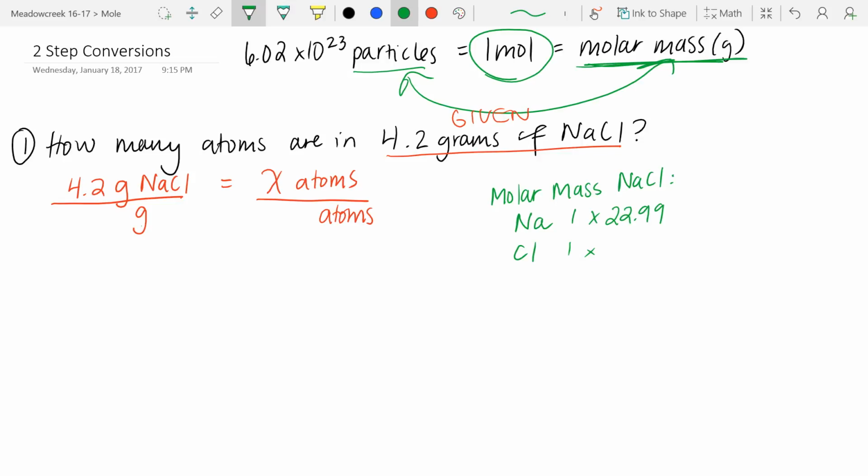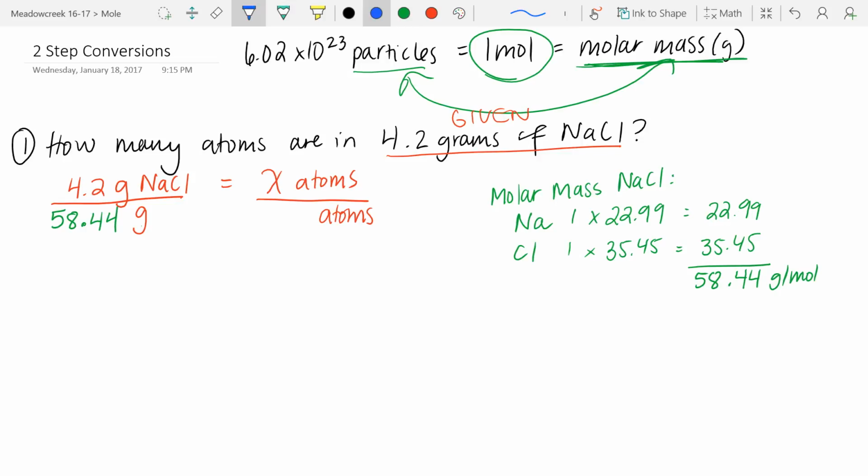Sodium is 22.99 and chlorine is 35.45. When I add them together, 22.99 plus 35.45, I will get as my answer 58.44 grams per mole. So I'm going to put that 58.44 grams right here beside my grams in my fraction.